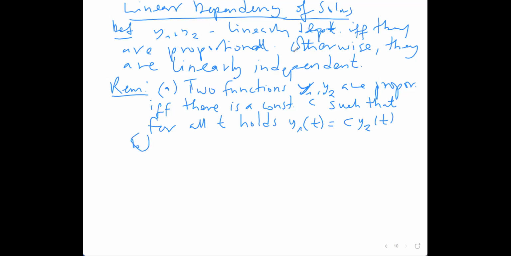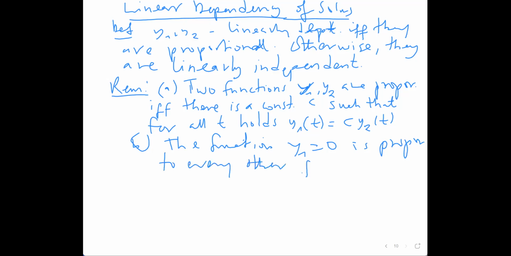Also, the function y1 equal to 0 is proportional to every other function y2, since y1 equal to 0 equal to 0 times y2 holds.